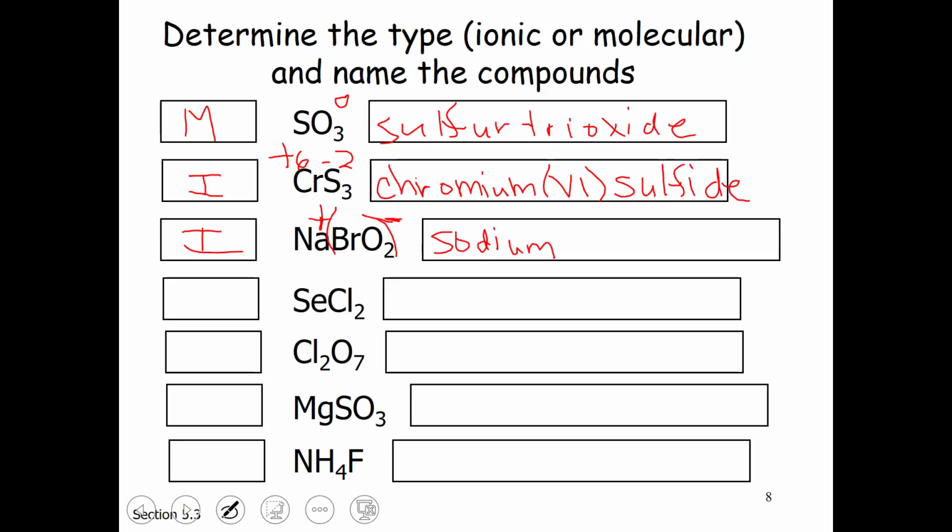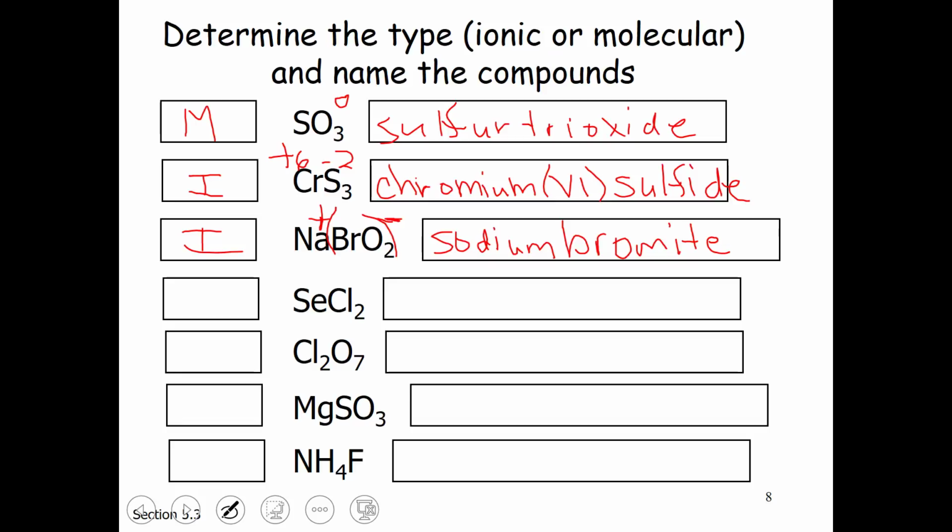So then we need to go through our naming conventions for oxoanions in group 7. That is bromine with 2 oxygens and a -1 charge. That is going to be the bromite ion. So this is sodium bromite.